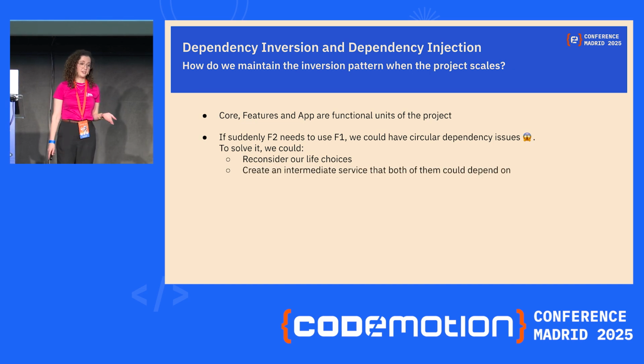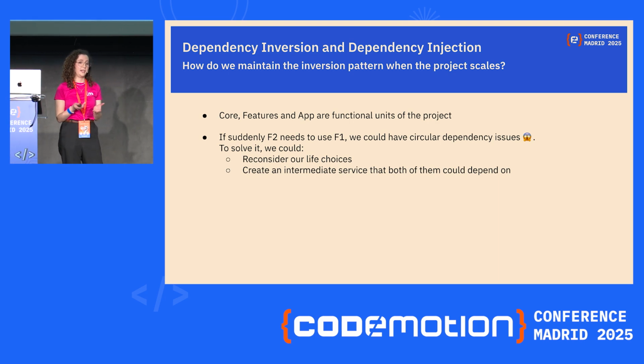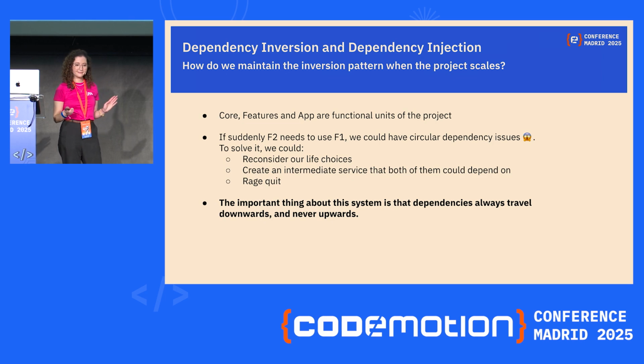But sometimes the answer is yes. So if the answer is yes, you could always create an intermediate service for both of them to depend on. And that way you can solve this horrible cycle of death. Or, of course, you can rage quit, become a farmer. We all have thought about it. I don't know if I would recommend it, but I'm not the boss of you, so you do you.